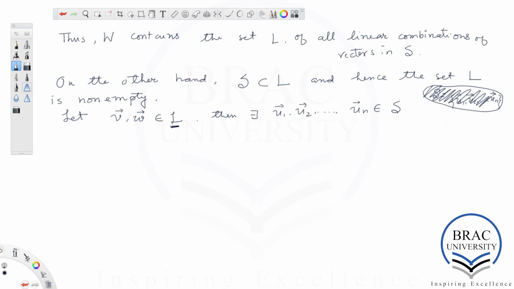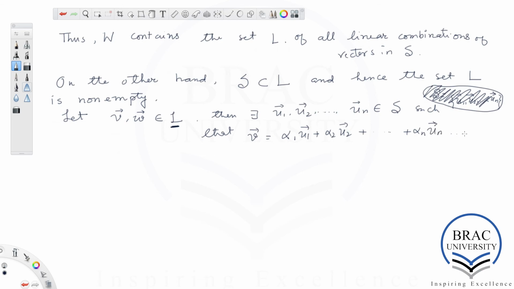So if v and w are elements in L, that means they are linear combinations of finitely many vectors in the set S, which can be infinite as well. So there exist finitely many vectors u1, u2, ..., un in the set S such that v can be written as alpha 1 u1 plus alpha 2 u2 plus all the way up to alpha n un.